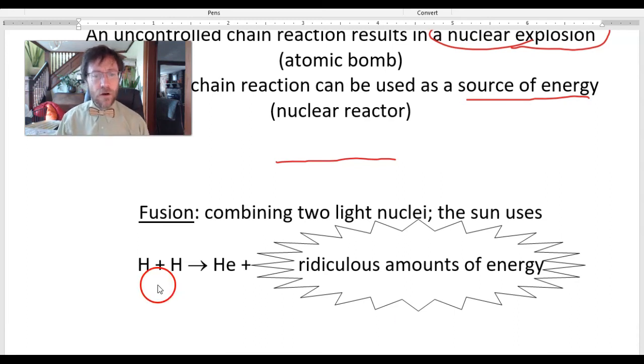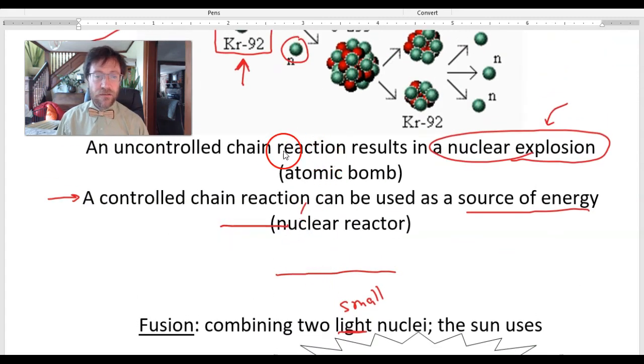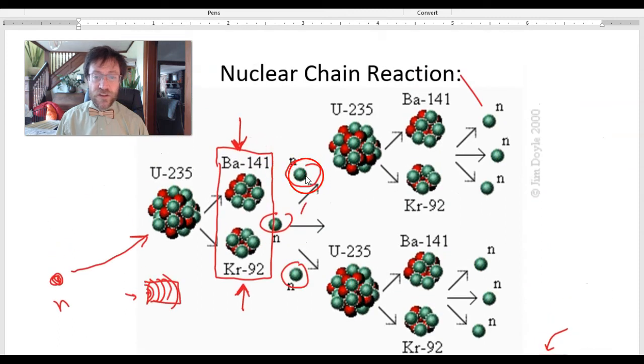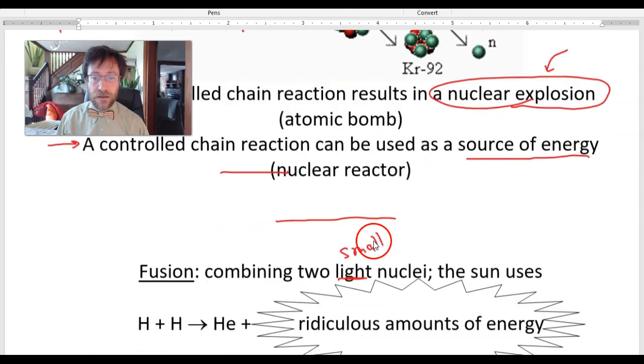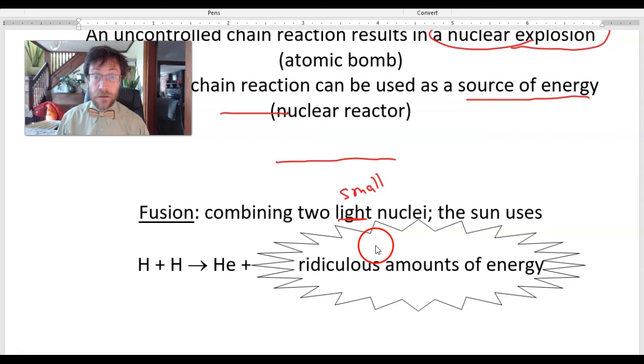But what we need to know is that it is combining two light or small nuclei. Fission puts out some energy. Fusion is stupid amounts of energy.